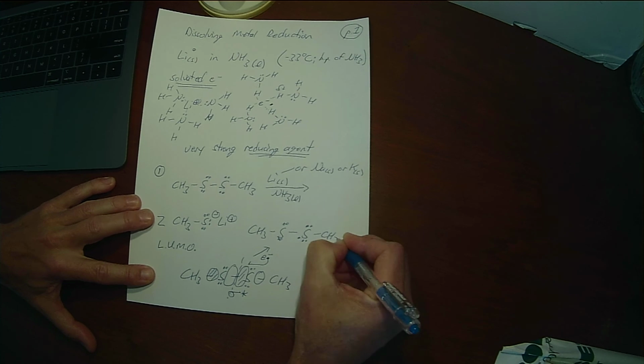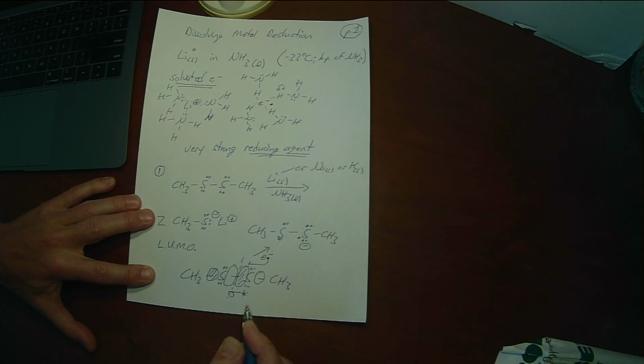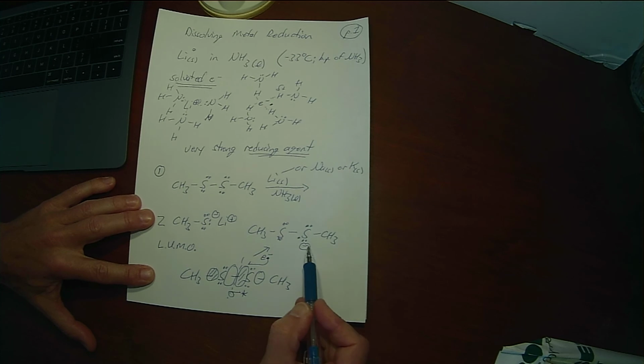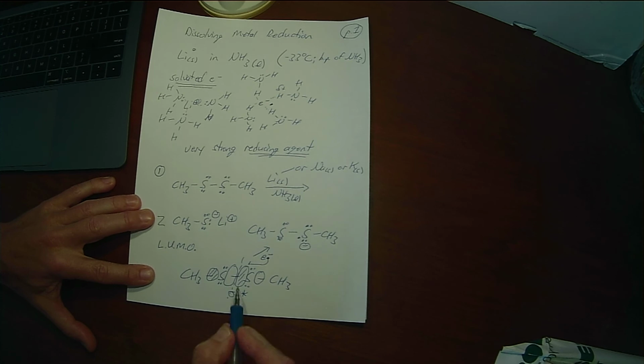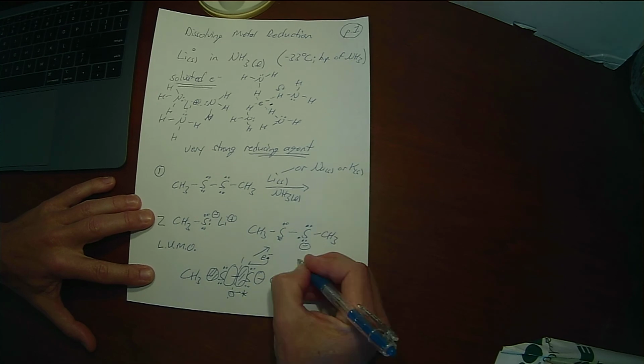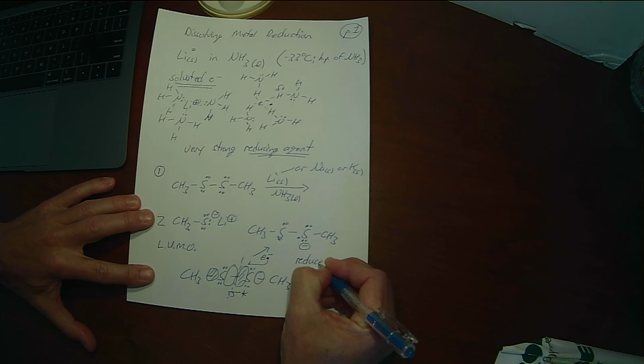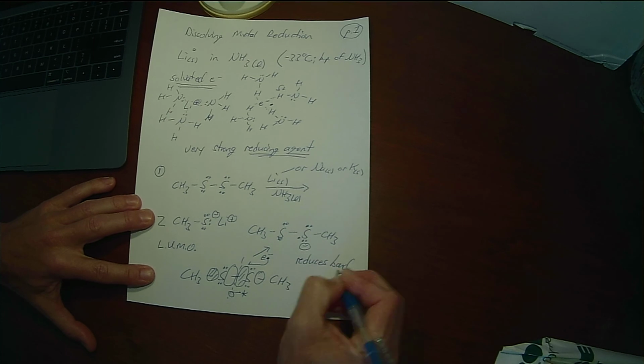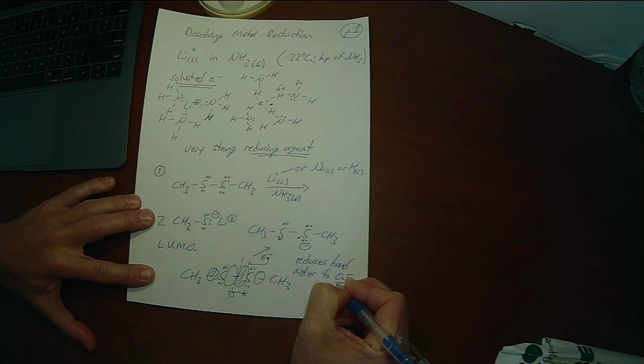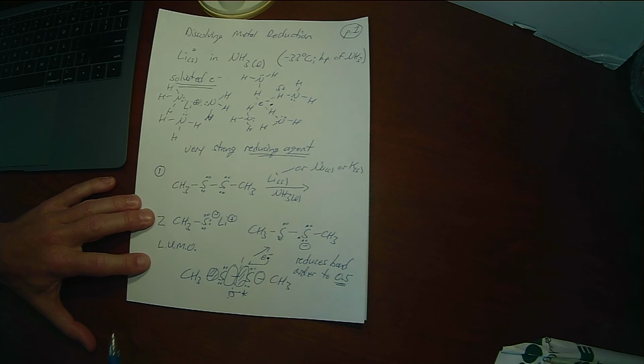Now there's an extra electron on that sulfur. You can see that the orbital is symmetrically distributed about the two sulfurs, which means so is the electron. I've drawn this Lewis structure with it on that sulfur, but that electron is evenly distributed over the two sulfurs. Because we're donating an electron into an anti-bonding orbital, we've reduced the bond order to 0.5, because there's now one electron in the anti-bonding orbital to go along with the two electrons in the bonding orbital.